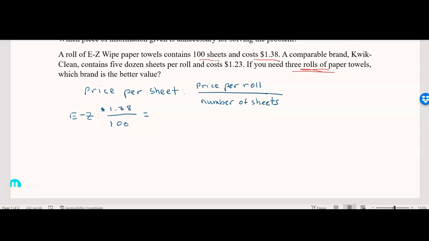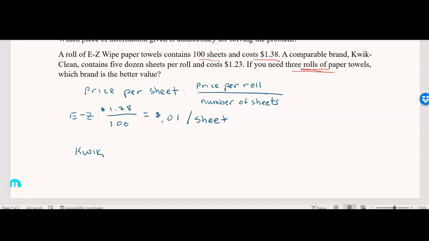And by the way, when we're working with money, you're always going to round to the nearest cent. So in this case, when you divide 138 by 100, if you were to round to the nearest cent, that's going to be 0.01 or 1 cent per sheet. That's what we just calculated. So you're paying 1 cent per sheet, roughly.